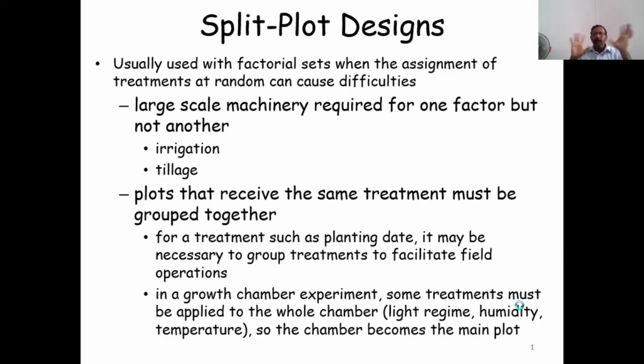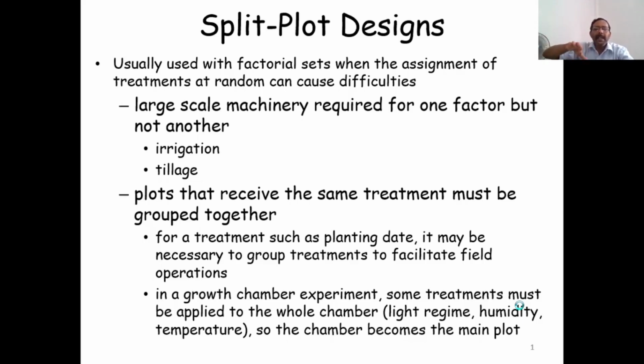But within the chambers, you cannot do anything, right? For example, within the chamber, I set a temperature 30 degrees centigrade and RH is, let's say, 60% or 70%, whatever it is. So at 30 degrees centigrade, you can have different seeds, for example, different varieties, 3 or 4 varieties.